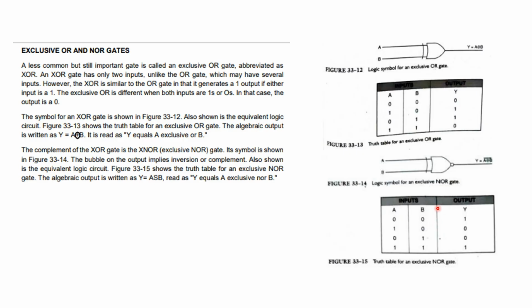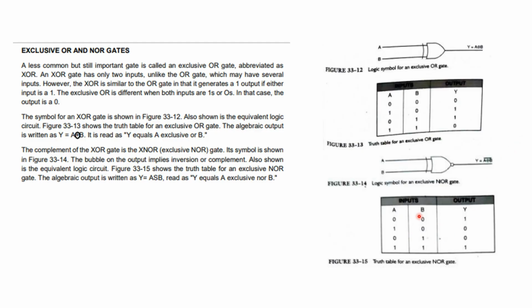It is opposite to the exclusive NOR. In exclusive NOR, same input equals 1. 0, 0 is 1. In exclusive OR, 0, 0 is 0 and 1, 1 is 0.